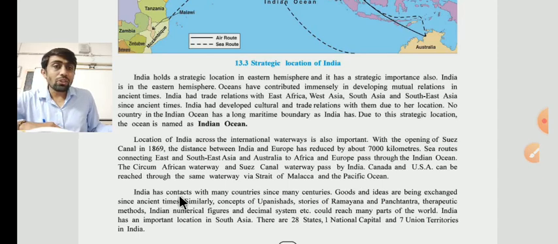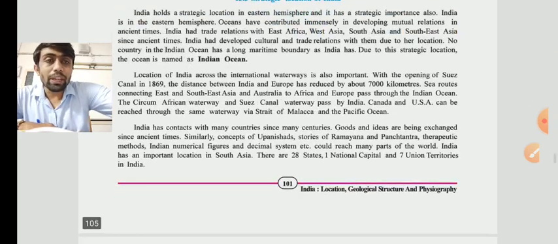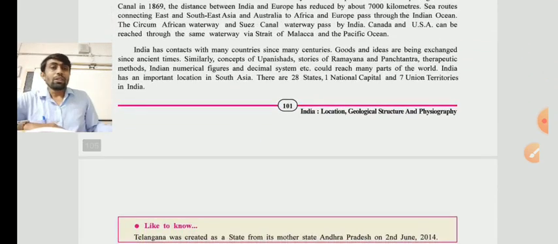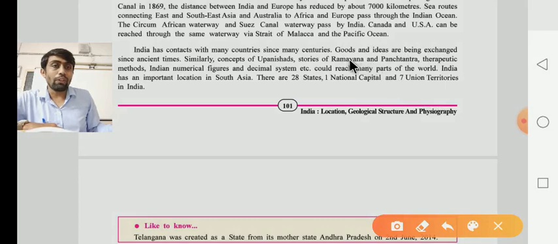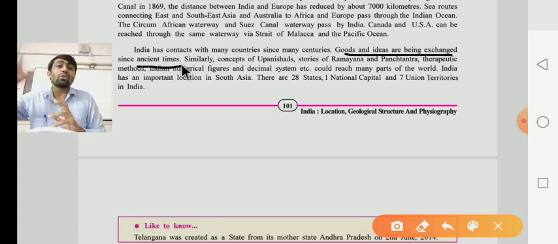India has had contact with many countries for many centuries. Goods and ideas have been exchanged since ancient times. Dear children, you know very well that goods and ideas, it means our culture, have been exchanged since ancient times, and there was a huge demand for Indian commodities, cotton clothes, silk, muslin in the European market in ancient times.